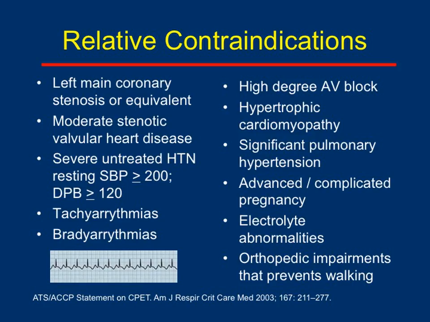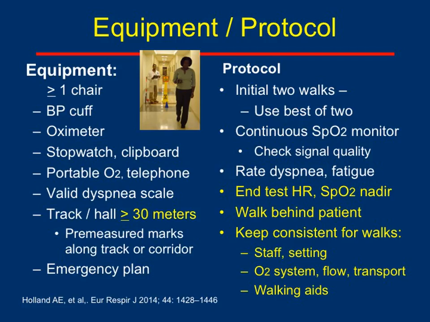So the medical director needs to be involved before you perform the test. Any orthopedic impairments that would prevent walking are important. So clinical instability. These would need to be considered before you would proceed with a 6-minute walk test and optimally stabilized before the test is performed. Next slide, please.